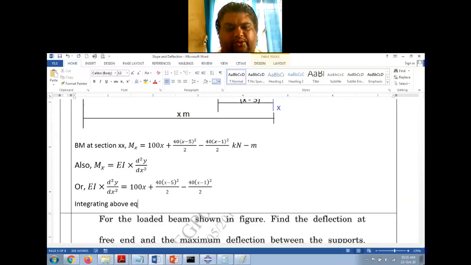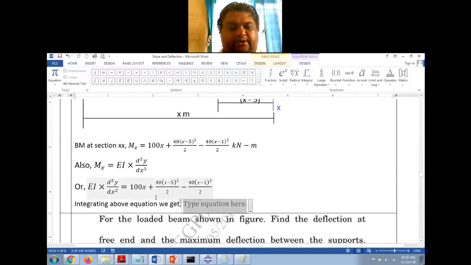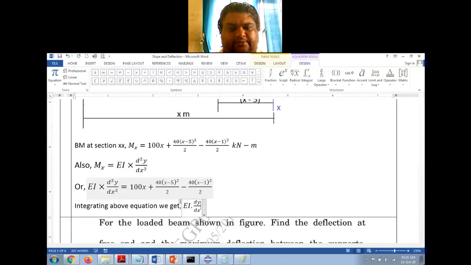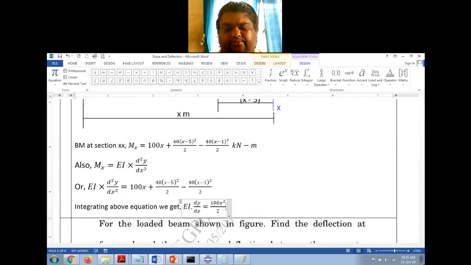Integrating above equation, we get, okay. What do we get? EI into dy by dx is equal to 100x. So it will become 100 x square by 2 plus 40. 40 by 2 is 20.